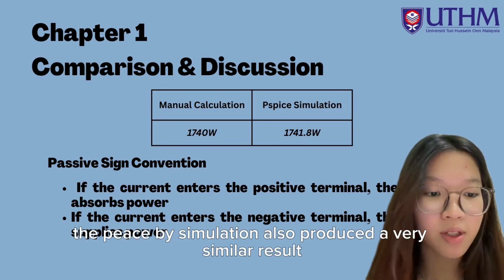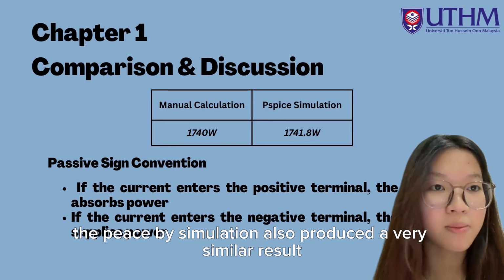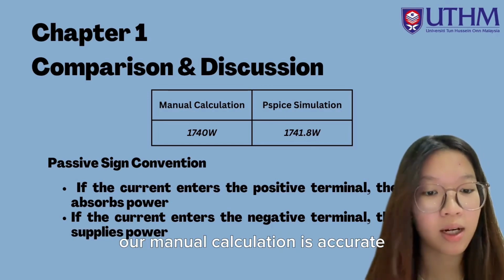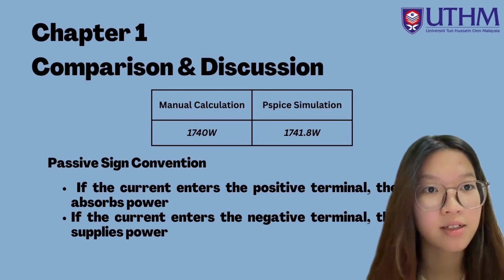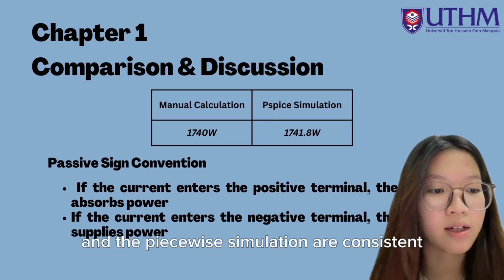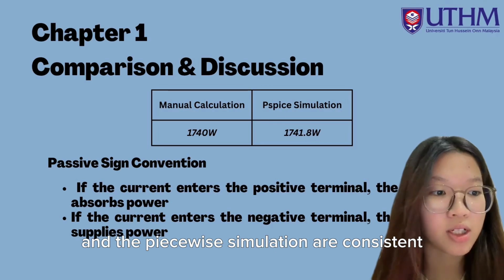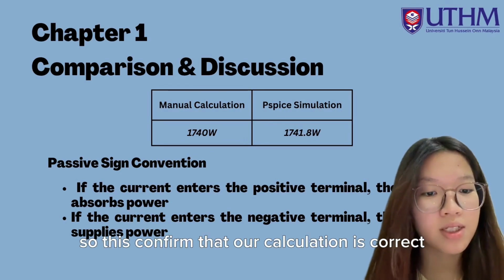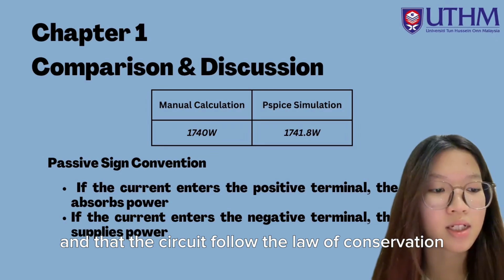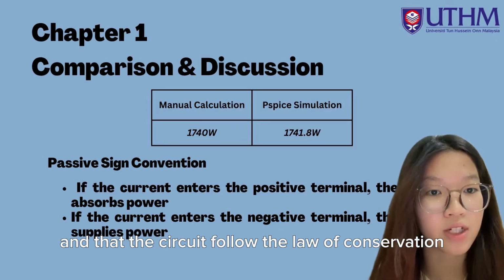The PSpice simulation also produced a very similar result, which further confirmed that our manual calculation is accurate. So in conclusion, both the manual calculation and the PSpice simulation are consistent. This confirms that our calculation is correct and that the circuit follows the law of conservation.